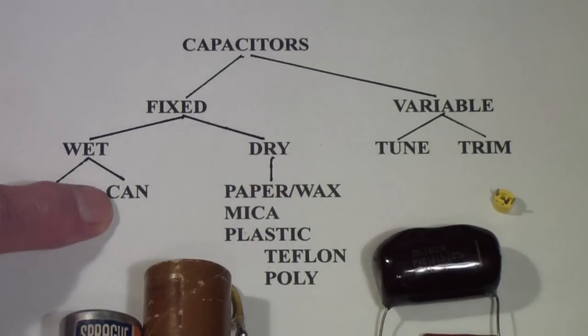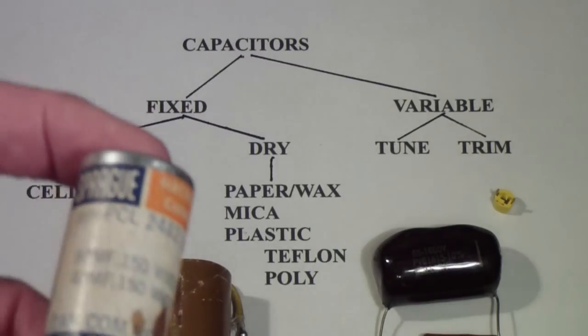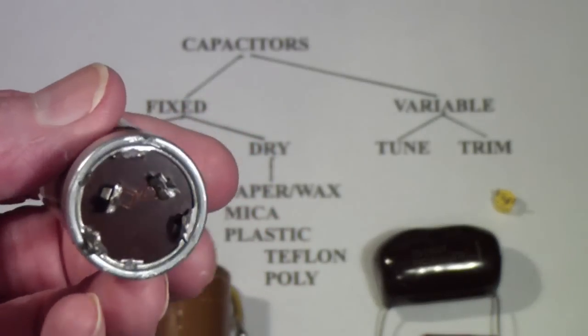And then also there is a can type, and by can type what I mean is that they are put inside generally a metal can like this, and they are sealed up.